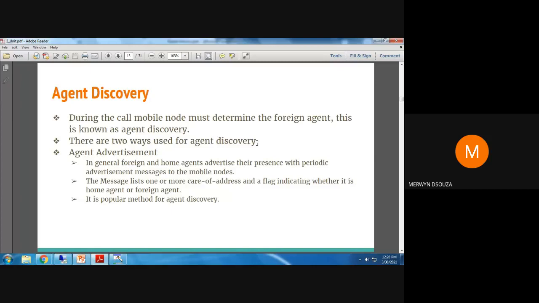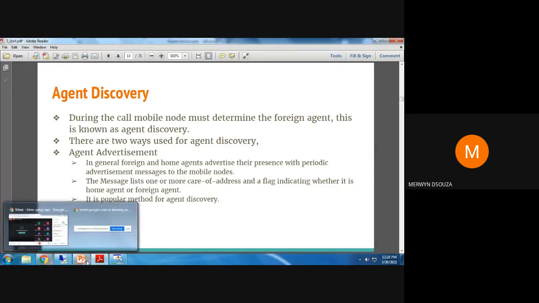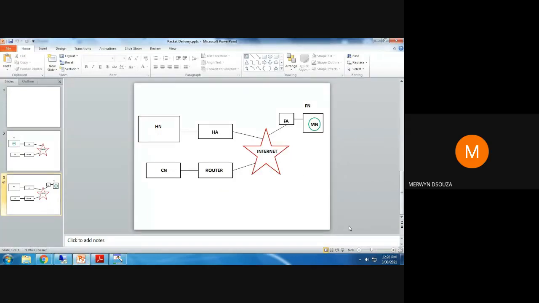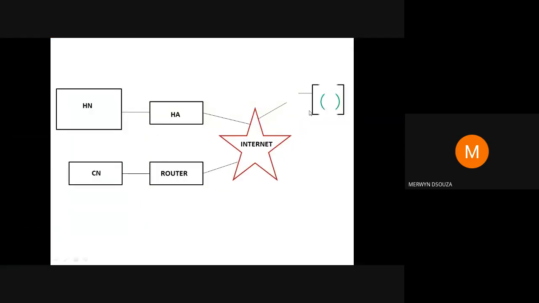The second method for agent discovery is agent solicitation. Now it may so happen that the MN has joined a foreign network and it is not able to get the message from the agent. The agent advertisement has not yet happened, or it happened already before the mobile node had joined the foreign network.